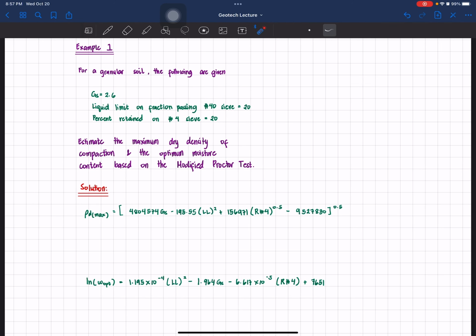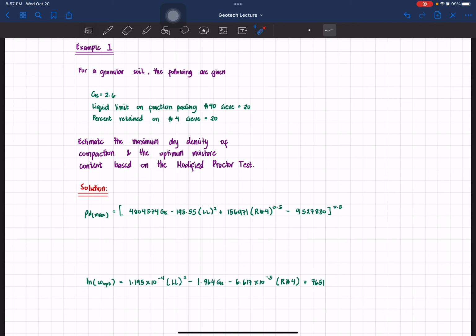For a granular soil, the following are given. Gs is 2.6, the liquid limit on the fraction passing number 40 sieve is 20, and the percent retained on number 4 sieve is 20. We have to estimate the maximum dry density of compaction and the optimum moisture content based on the modified Proctor test.